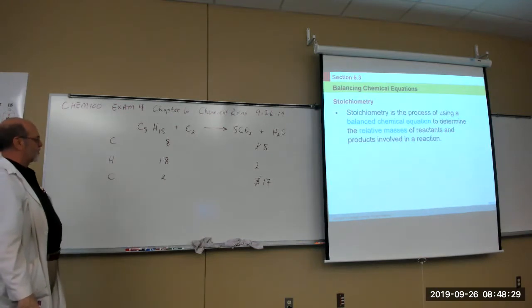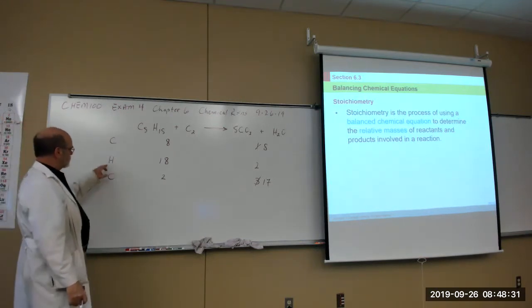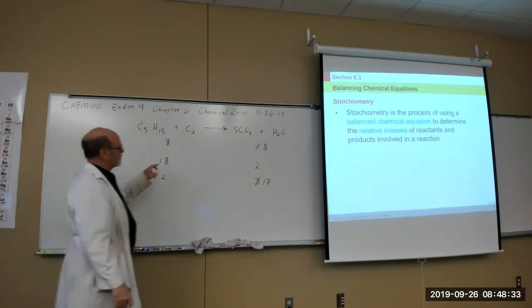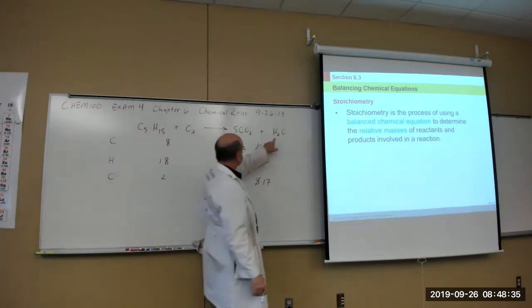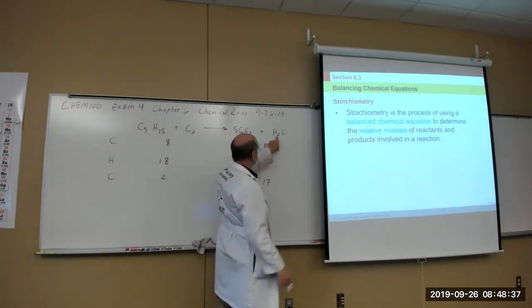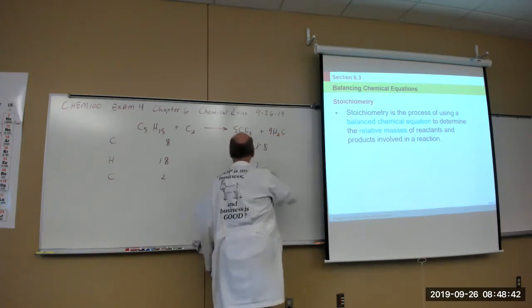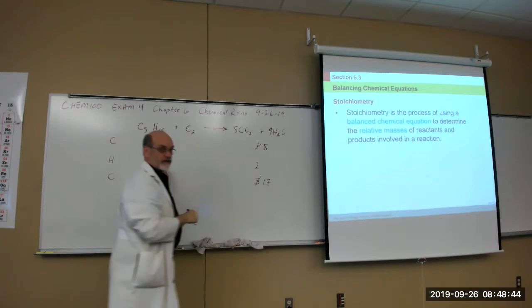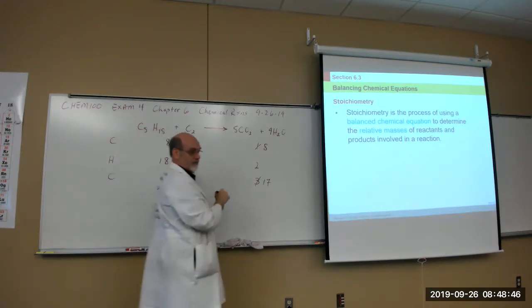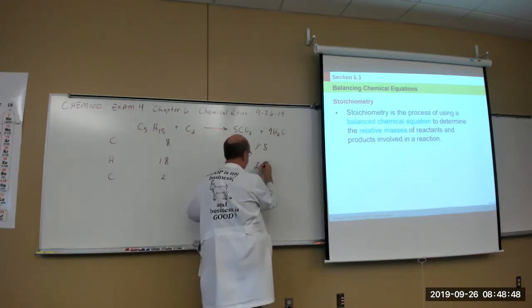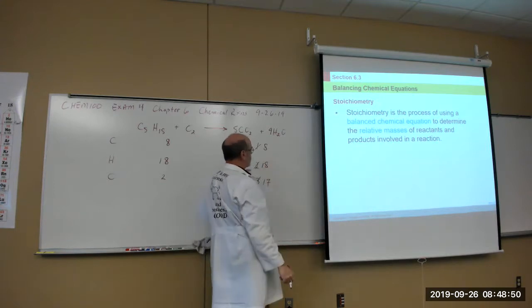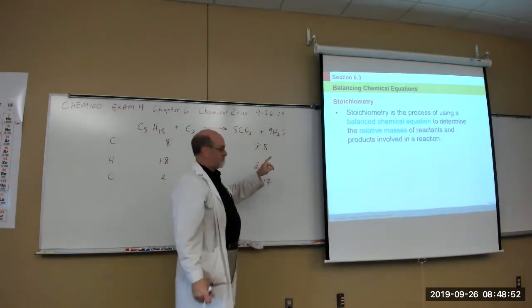How about hydrogens? Well, we've got 18 hydrogens here, and we've got hydrogen here, and this is the only place it occurs. So we can say 9. 2 times 9 is 18, right? That gives us 18 hydrogens. I'm sorry? We just add a minus.